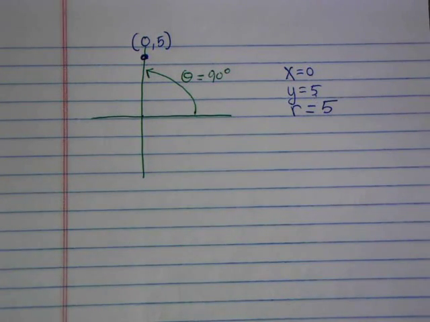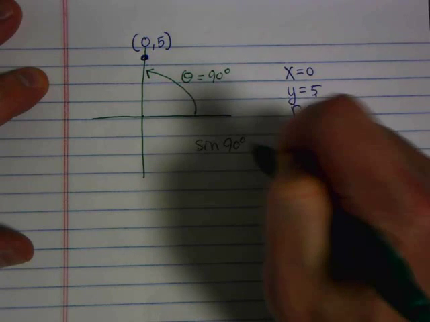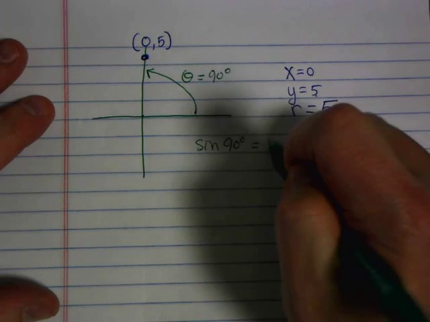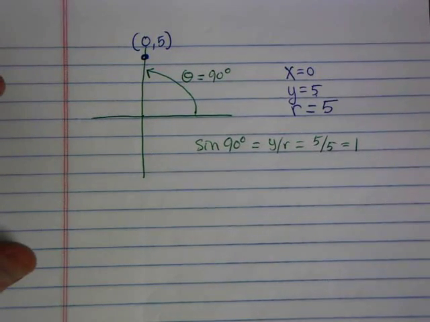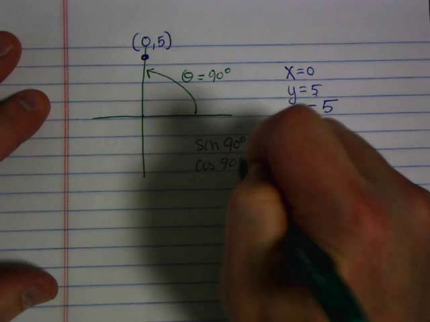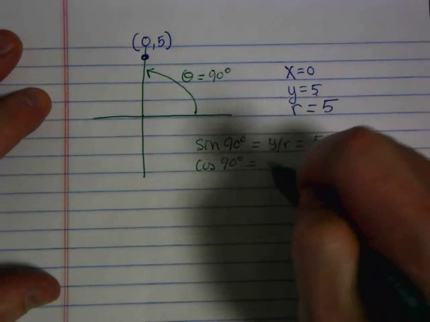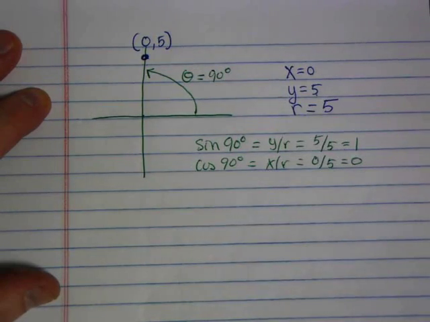What's the sine of 90 degrees? 1, because it's y over r. It's 5 over 5, which is 1. What's the cosine of 90 degrees? X over r, 0 over 5 is 0.